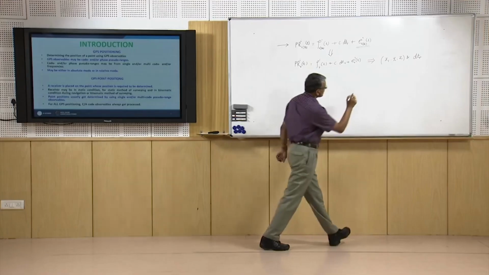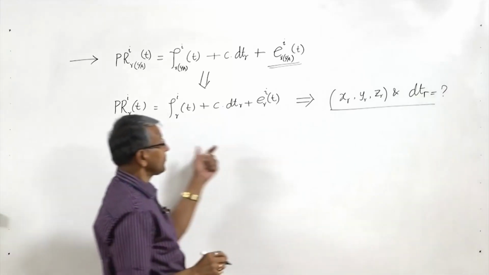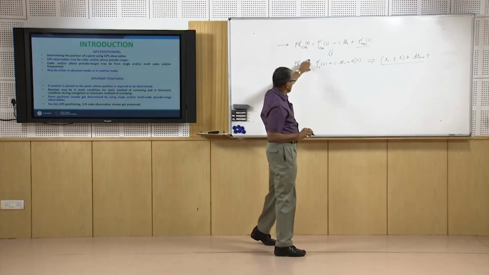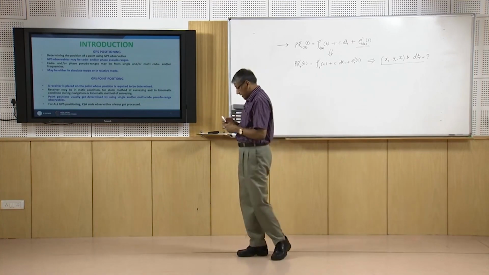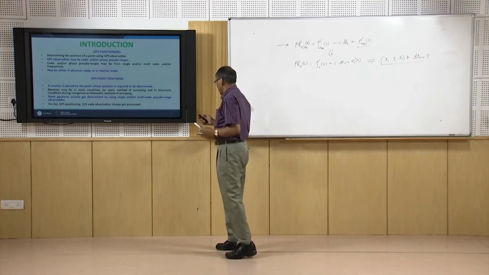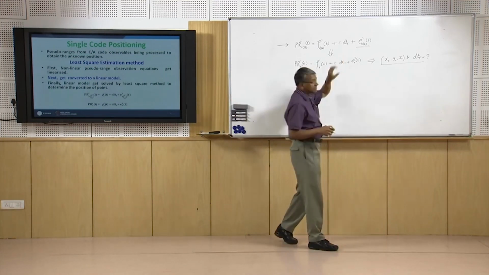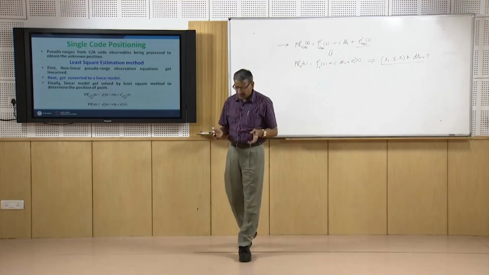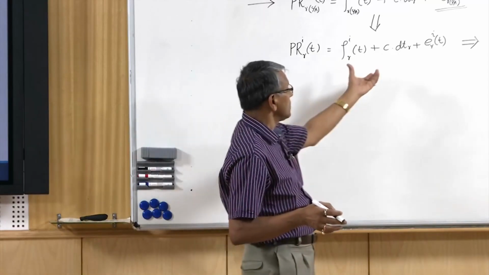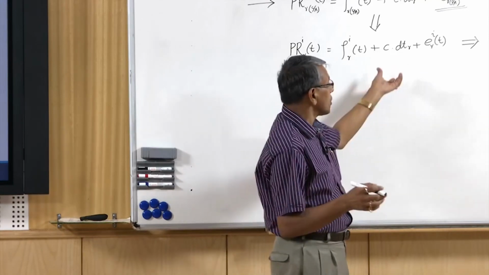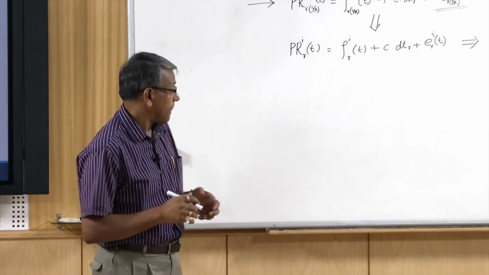So, these are the 4 unknowns which we need to determine by processing code pseudo range observables. Now, how do you do it? There are different methods by which this can be processed. Of these, the least square estimation method is one which we will apply to show you how this leads to the GPS position.